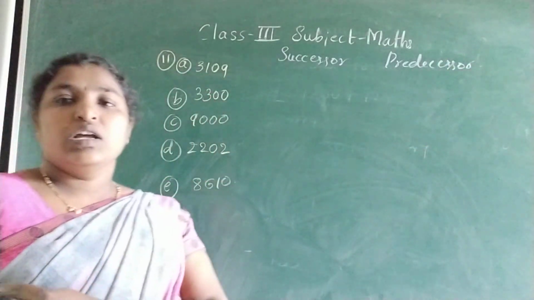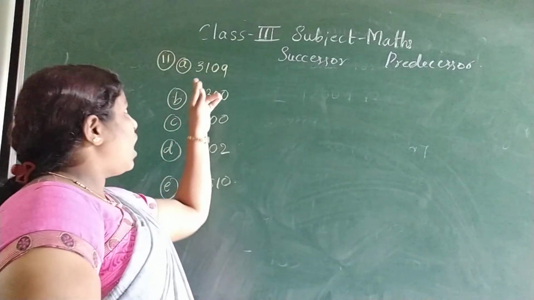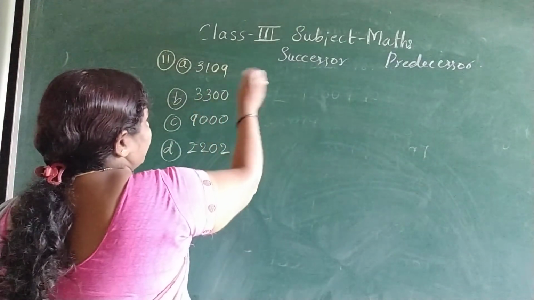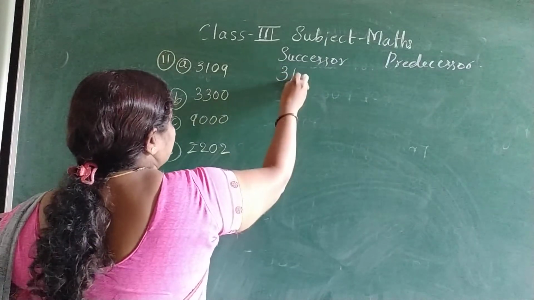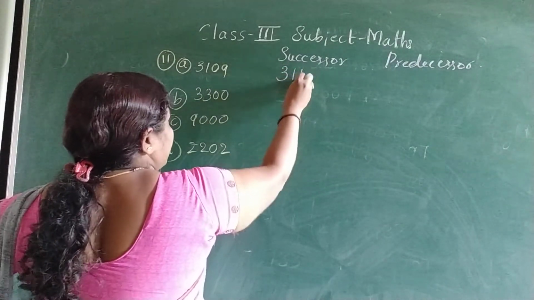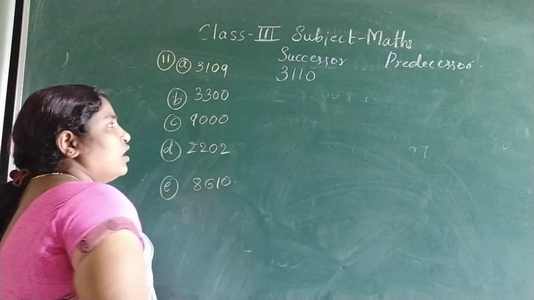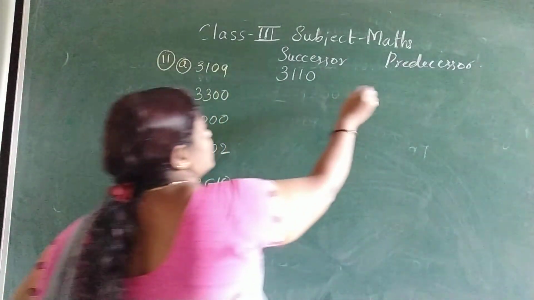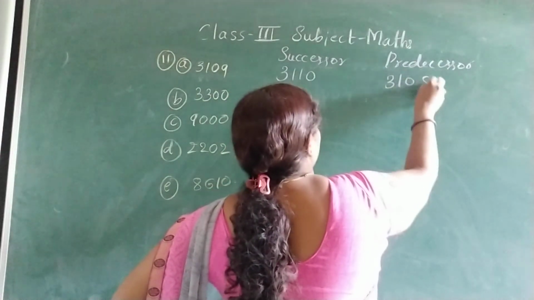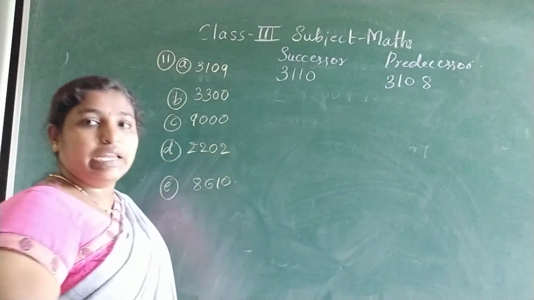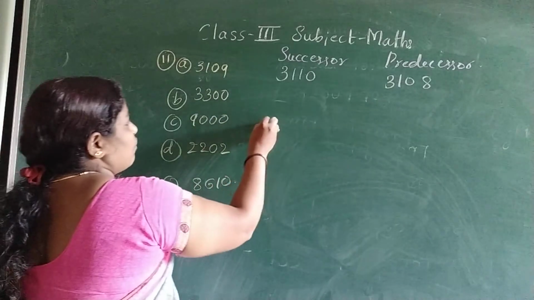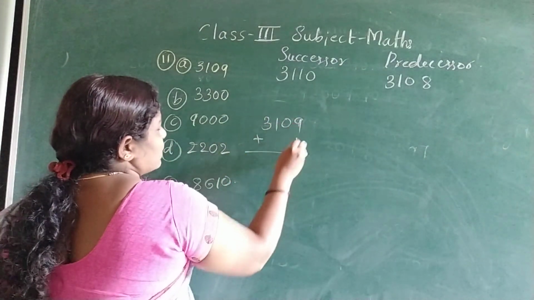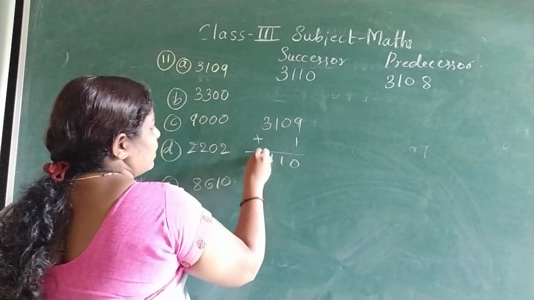Successor means next number. After this one number you should write 3,109, 3,110. Predecessor means one number back. So that is 3,108. If you did not understand this, what you have to do is add 1. 9 plus 1, 10, so 3,110.